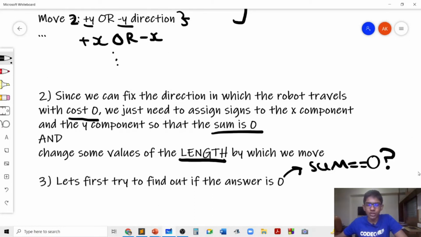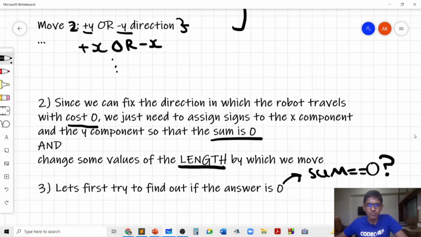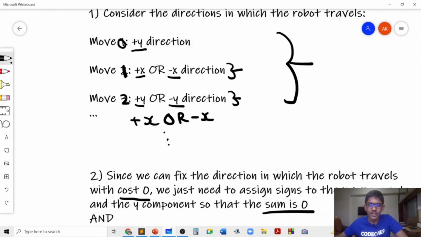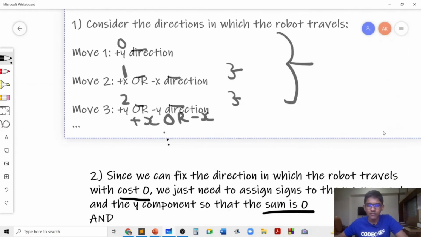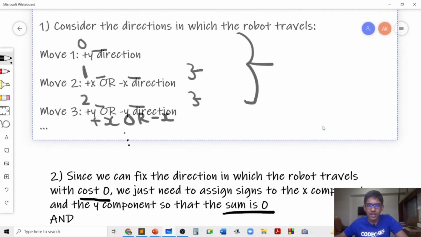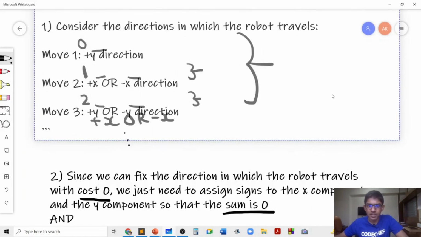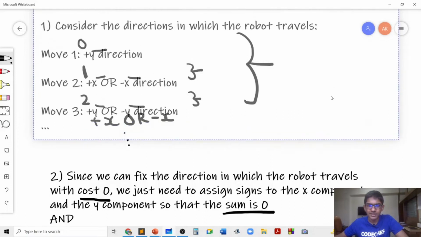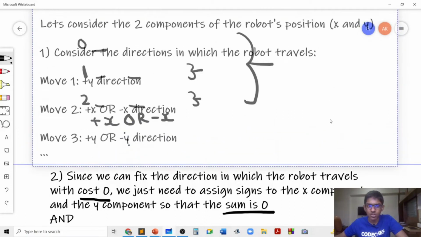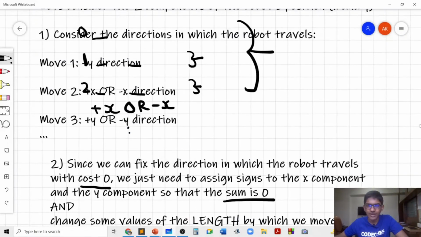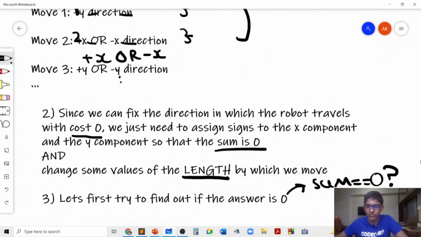Also, an important note before we go on to actually look at the DP approach: we should realize that we are dealing with two components, and that's why we'll be building this DP table and using it for both of those components separately. Right now, the two components are actually very symmetric. So let's just say that we are dealing with only one component, and we are trying to figure out whether the sum is 0 for one component.